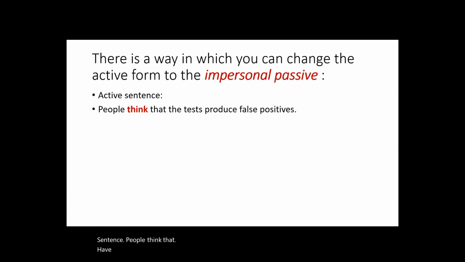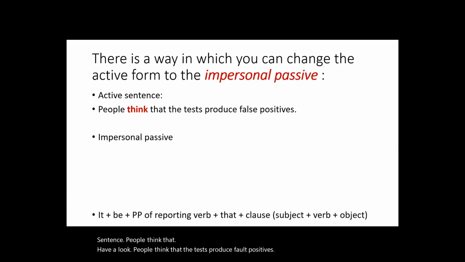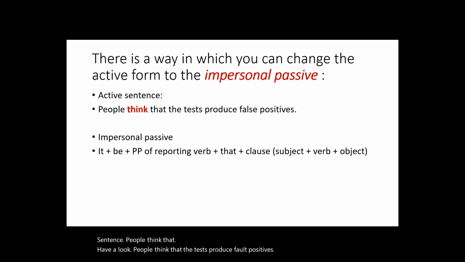People think that the tests produce false positives. طيب احول الجمله دي ازاي؟ الجملة بتاعتي بتقول it، استخدم بعدها verb to be، استخدم بعدها PP or a third form of reporting verb اللي هو think.